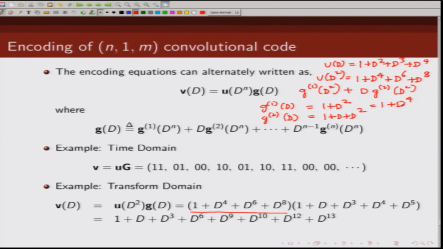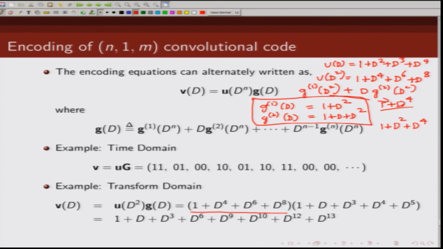I hope this is clear. What we are interested in is g1(d square), which will be given by this expression, and g2(d square), which will be given by 1 plus d square plus d4.